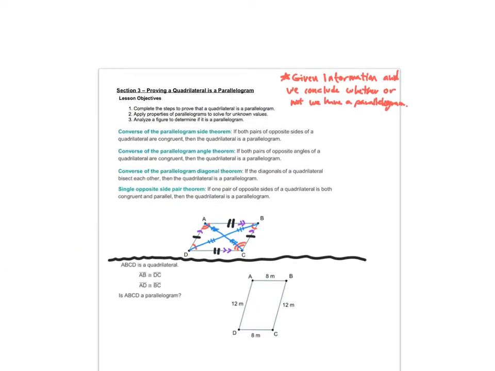In section 2, you have a parallelogram, and here are all the things that we can say about a parallelogram. Here, you're just given information, and you have to determine, okay, is this information enough to tell me that I have a parallelogram? Okay.